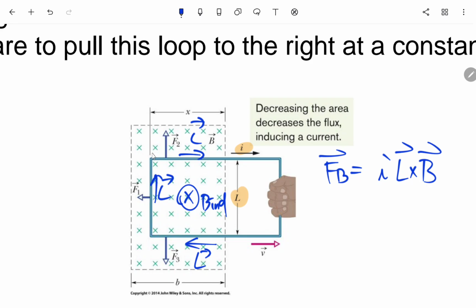So F1 acting on this part is pointing to the left side, which means you try to drag it to the right side, but there will be a force holding it to make it a constant velocity. So we assume this is a constant velocity moving to the right side. So you need to provide a force equal to F1 to keep this movement at constant velocity.